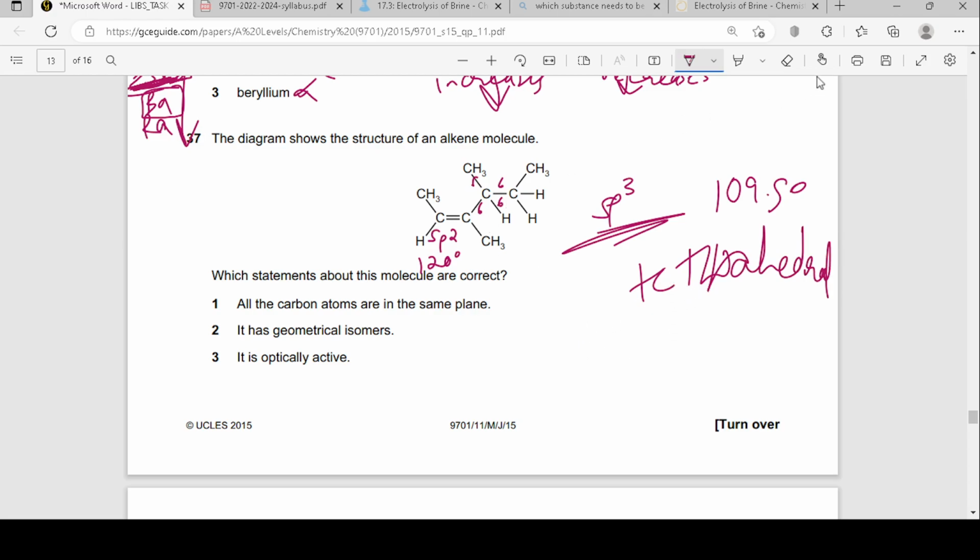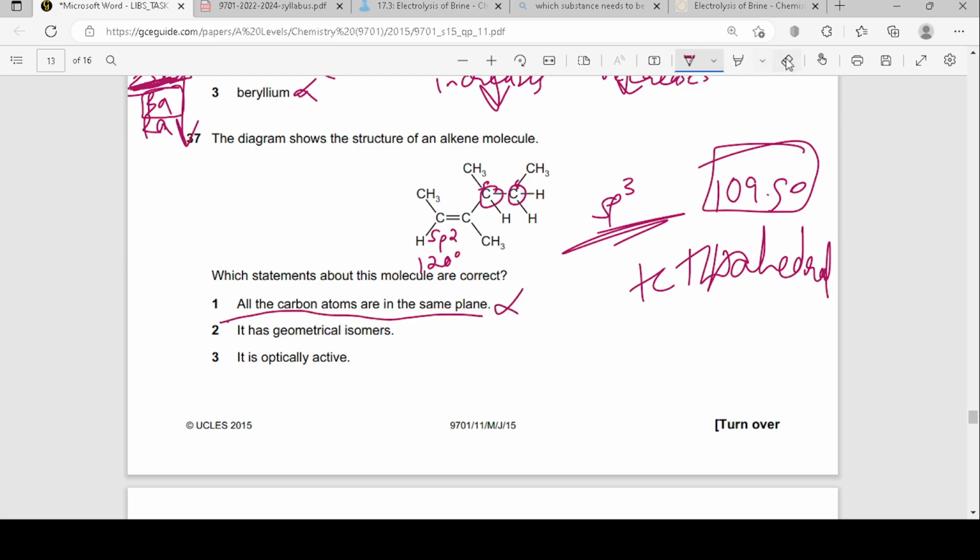It's more of a 3D structure, so they do not lie in the same plane. This carbon atom is also sp3, with bond angles near 109.5 degrees.